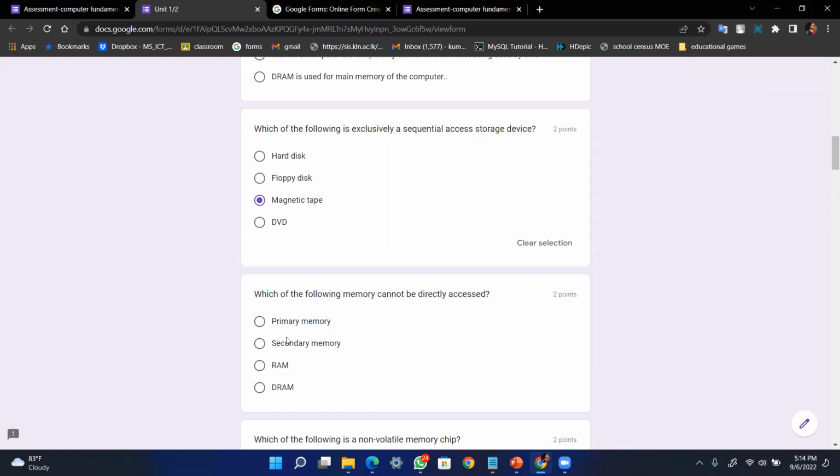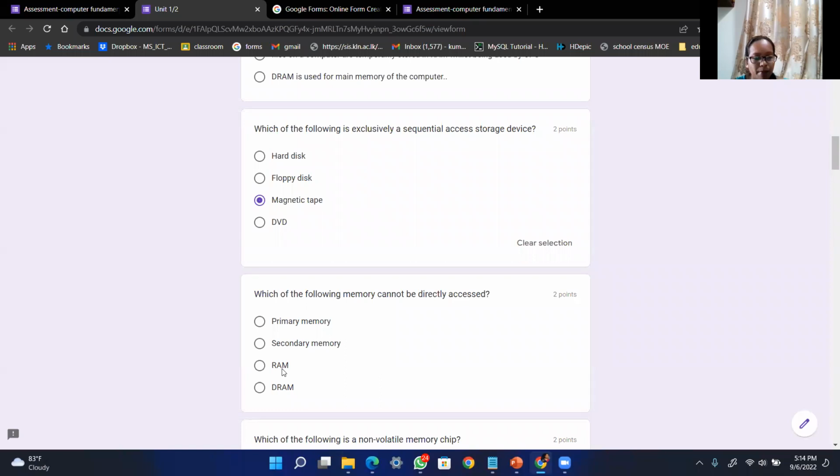Yes, teacher. Secondary memory? No, teacher. RAM? Yes, teacher. DRAM? Yes, teacher. Because the primary memory, RAM and DRAM, all three are referring to the same thing. So the different one is the secondary memory. All of these three are referring to the main memory.